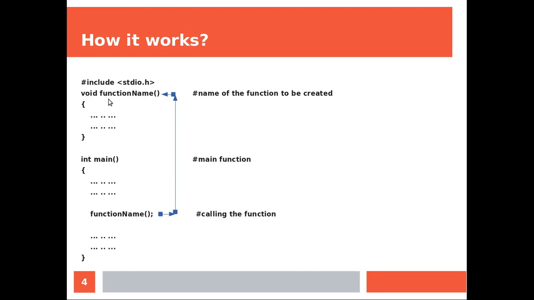If you want to find the factorial of a number, you can give fact, factorial, etc., as it is fully dependent on the user. Then the body of the function contains the statements to execute that specific task, and the value calculated from this function will be returned to the main function. If the return type is int, then an int value will be returned to the main function. If it is void, then nothing will be returned to the main function.